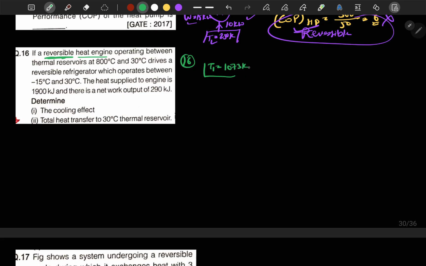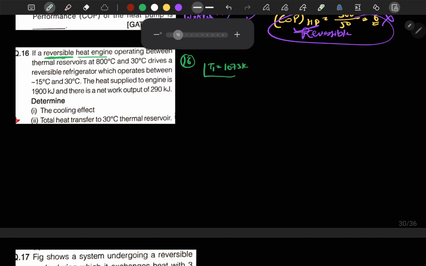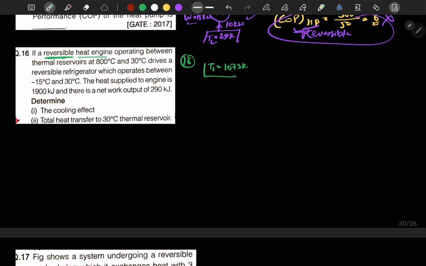Now this engine receives heat, and it is further rejecting heat to another sink at temperature T2 equal to 30 degrees Celsius, that will be 303 Kelvin.